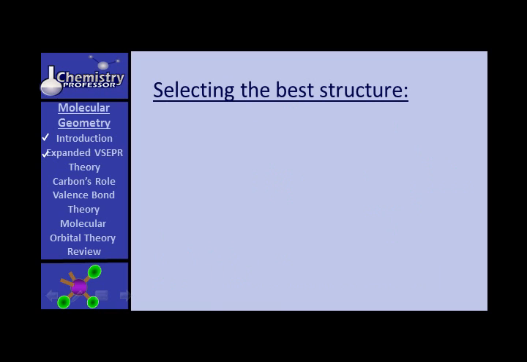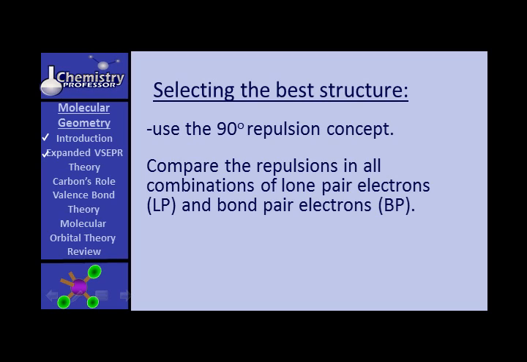To select the best structure, we have to distinguish among the possible arrangements, such as in this case in which we have three. And to do this, we're going to use the 90-degree repulsion concept. This is keeping it as simple as possible. We'll compare the repulsions in all the combinations looking at lone pair electrons and bond pair electrons.